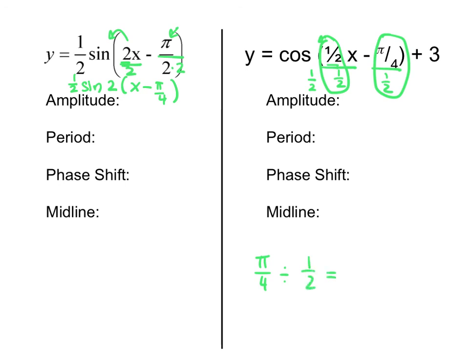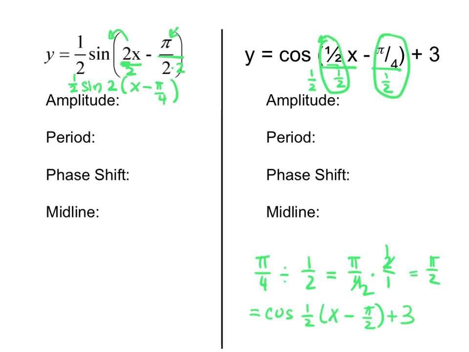We also know we can't divide fractions, so instead we multiply by the reciprocal. And look what happens. Those simplify away. We're left with pi over 2. So what we are truly graphing, or the equation that we truly have once we factor out that leading coefficient, is this right here.